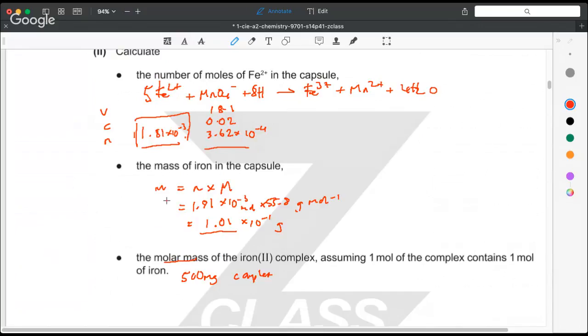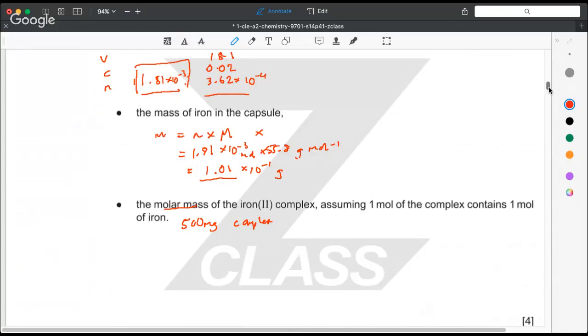And that just means we've got to rearrange this equation here, doesn't it? So we make molar mass the subject of the equation. The molar mass is equal to the mass divided by the number of moles. So you need to know that milligrams, of course, we've got to convert to grams because molar mass is in units of grams per mole.